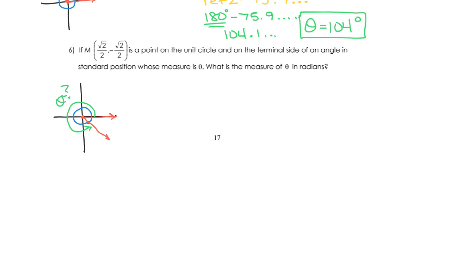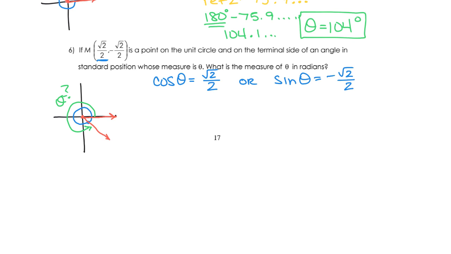A couple things that we have to remember is that the first coordinate is our cosine, so we can say cosine theta equals square root of 2 over 2, or we can say that sine theta equals negative square root of 2 over 2.